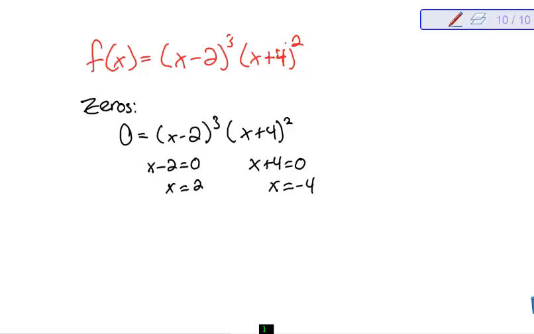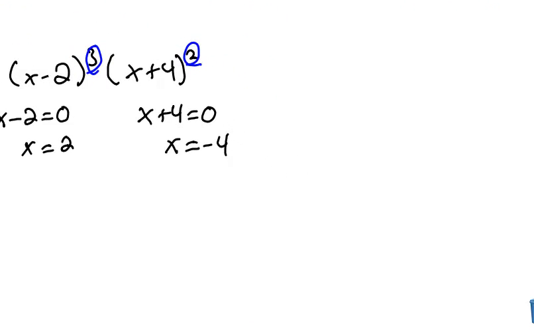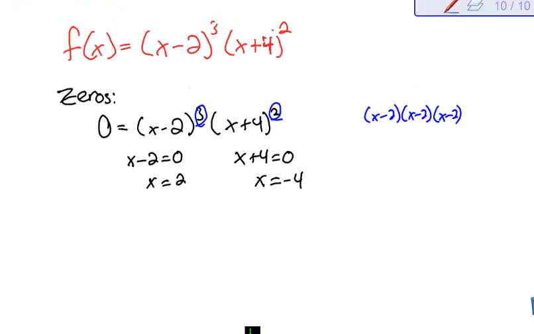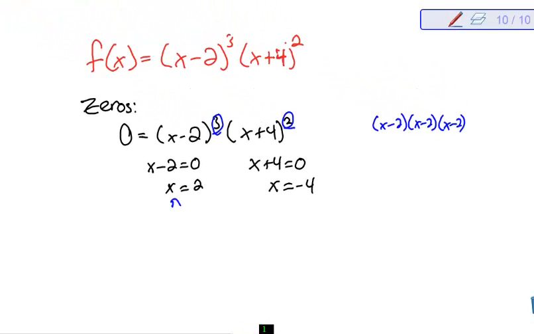Now then, the exponents. They do mean something. Because if I were to write this out, that would be that I have x minus 2 times x minus 2 times an x minus 2, 3 different times. So what that means is this x minus 2 has what we call a multiplicity of 3.